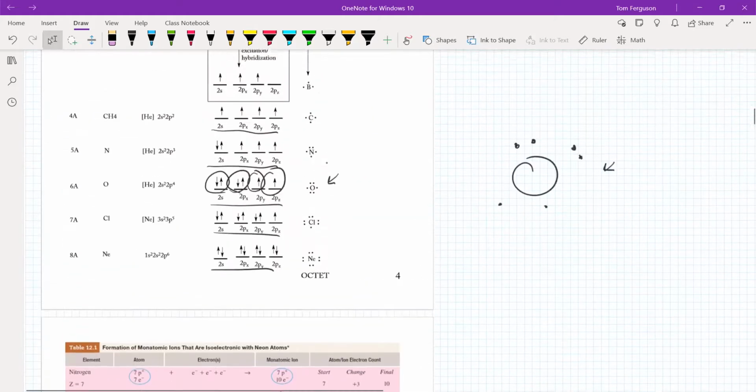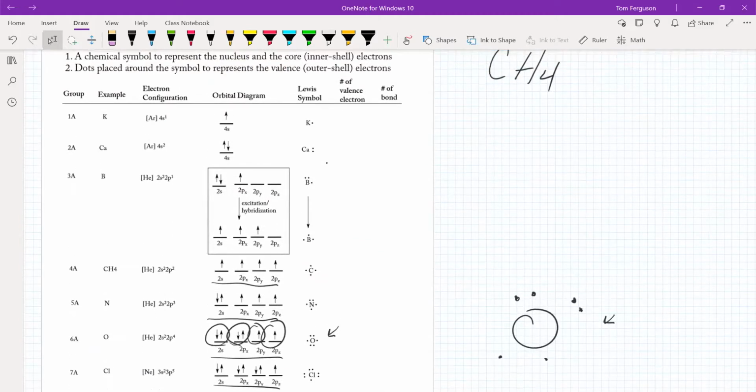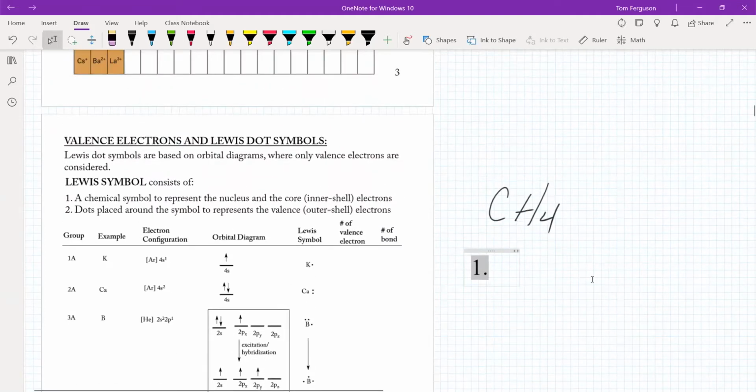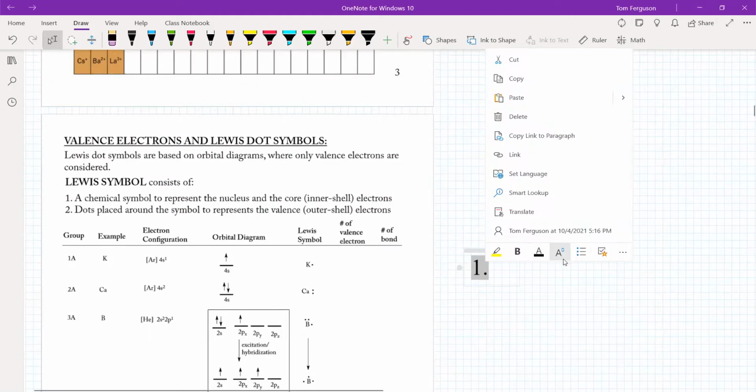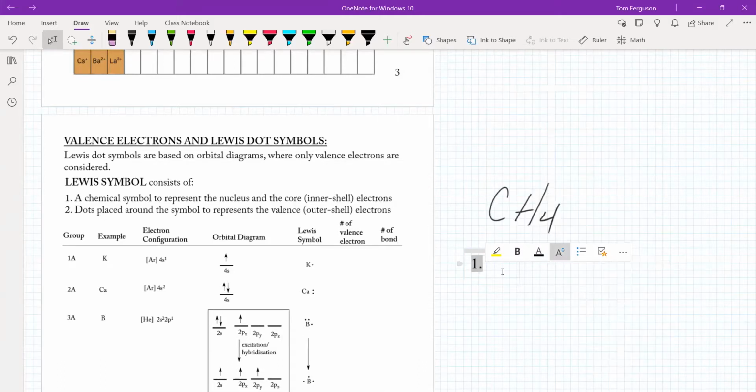Before we go on here, let's look at doing some simple Lewis dot structures. We're looking at CH4.